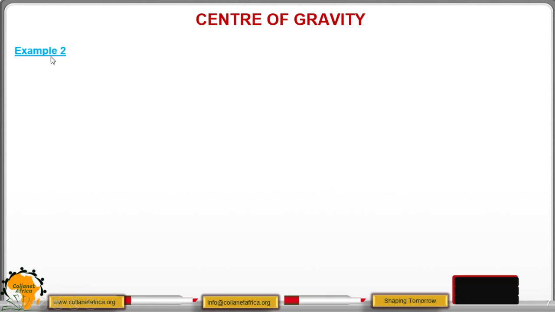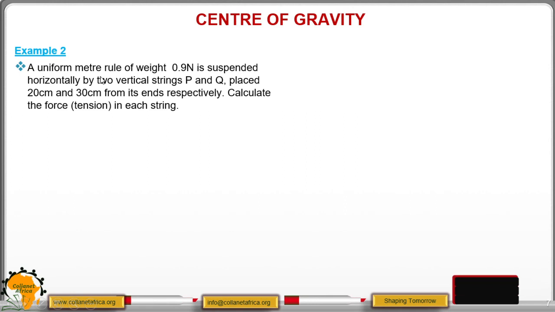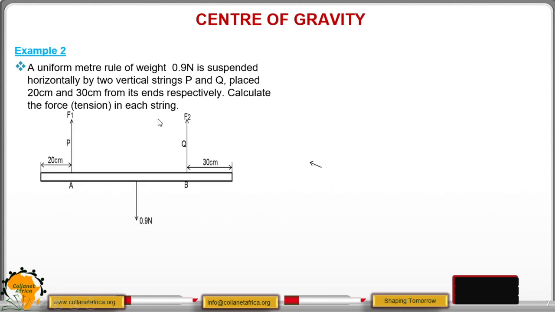Let us also go through another example, example 2. A uniform meter rule of weight 0.9 newtons is suspended horizontally by 2 vertical strings P and Q, placed at 20 centimeters and 30 centimeters from its ends, respectively. Calculate the force or the tension in each string.